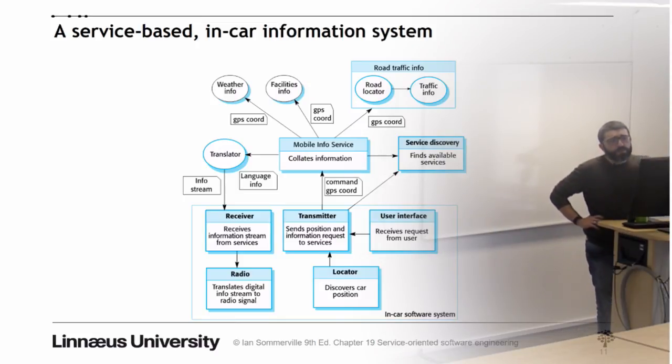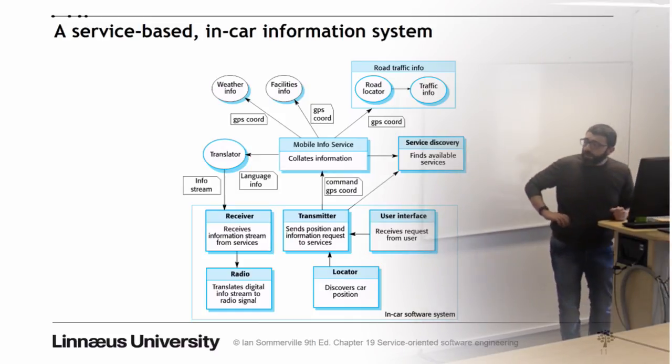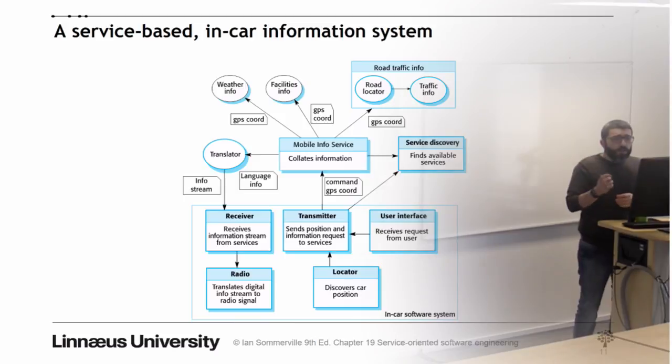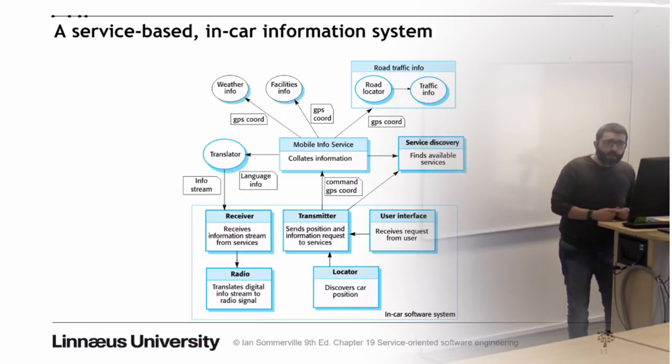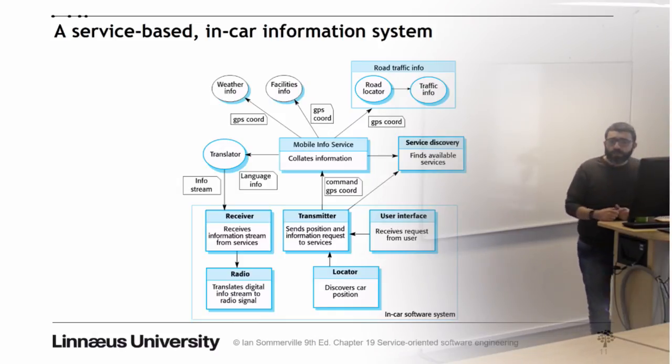And then we have this remote mobile info service, which tries to find different types of information concerning the GPS position of the car, collecting them, putting them together, and then sending them to the translator that finally sends back this information in the form of the stream.